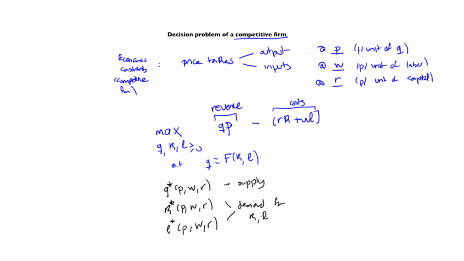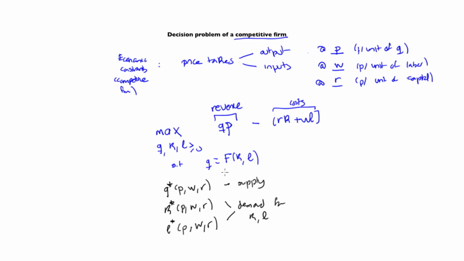I want to make several remarks about this problem. Remark number one, notice that the firm is in several markets acting at the same time. It has to make decisions about how much to sell and how many inputs to buy. Second, notice that the decision about how much to do about capital, labor, and output may depend on the three prices. Very intuitive, the amount that you want to sell may depend not only on the price at which you sell, but on the price of the inputs that determine the costs of production.